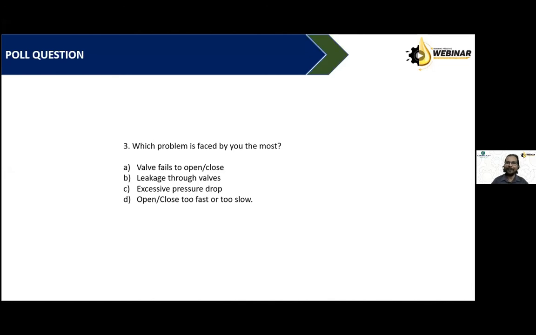So it is again a mixed response, but failure of open closure of the valve and leakage through valve are the main areas causing trouble to us. And okay, we will see those troublesome areas and how to overcome those areas.